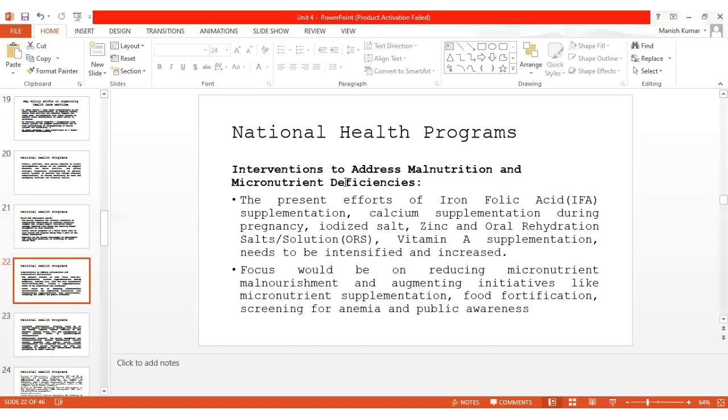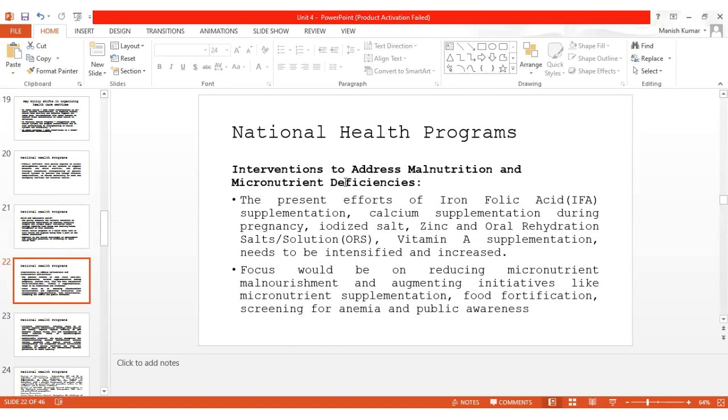Then this talks about interventions to address malnutrition and micronutrient deficiencies. So if you see, for anemia, Anemia Mukt Bharat is the program which focuses on taking care of anemia. So digital hemoglobin meter, iron plus initiative, all these things are there.